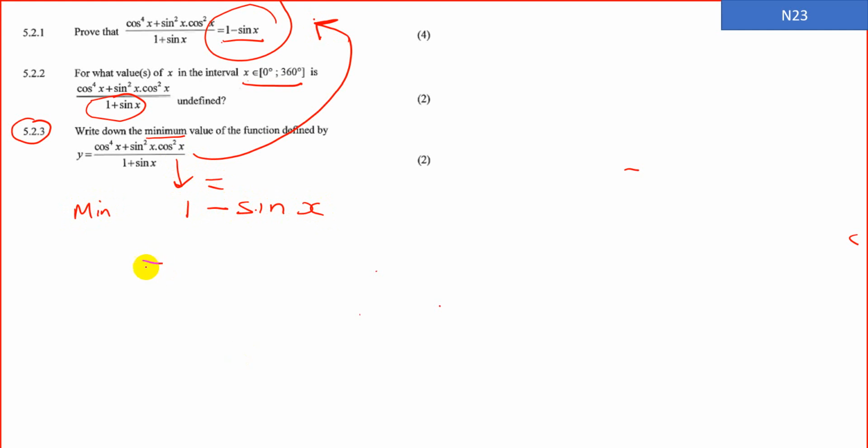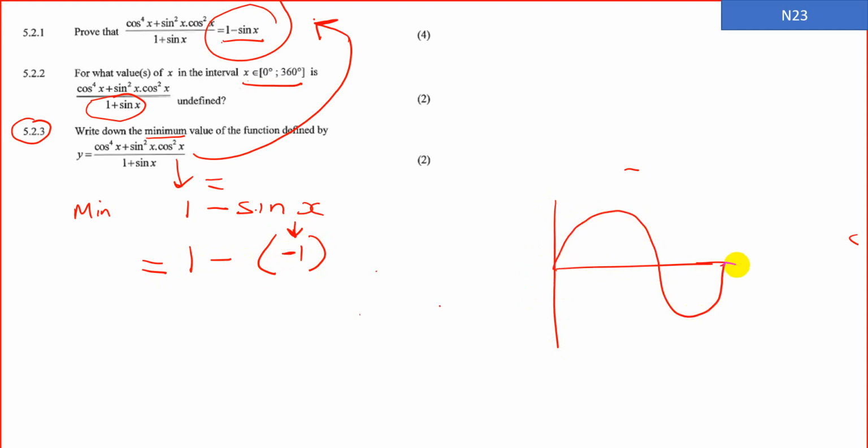And we know that the sine graph has a minimum value of minus 1. If you look at your sine graph, quickly, I just want to draw a sine graph for you. And there's our minimum value at minus 1.